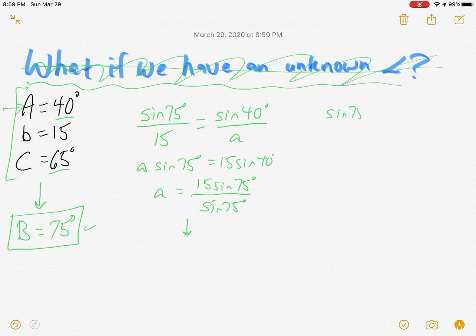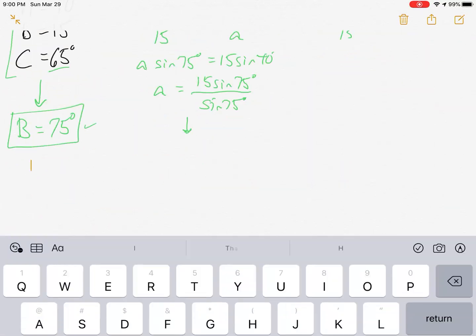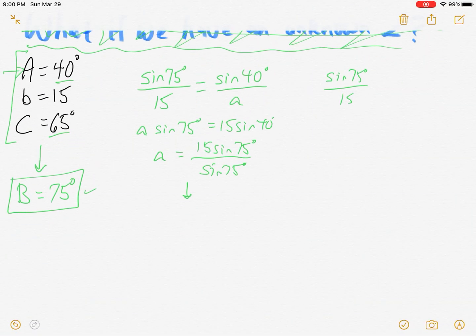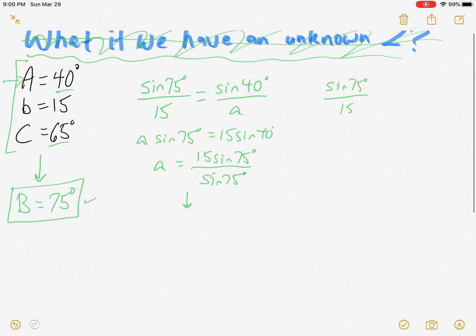Let's use the same known column. I'm going to use that again. So remember, law of sines is sine of any angle divided by its opposite side equals sine of any other angle divided by its opposite side, as long as they're within the same triangle.